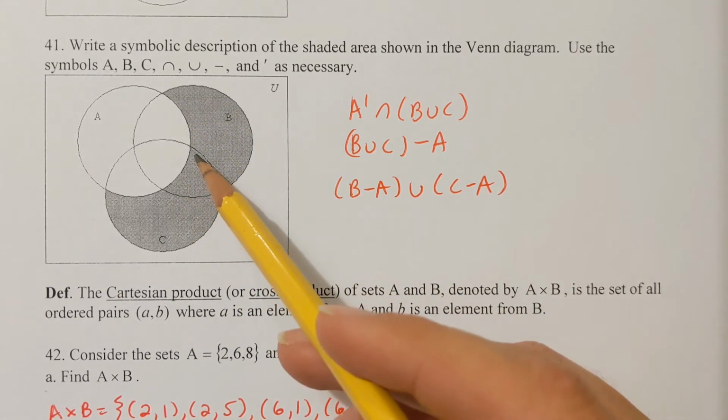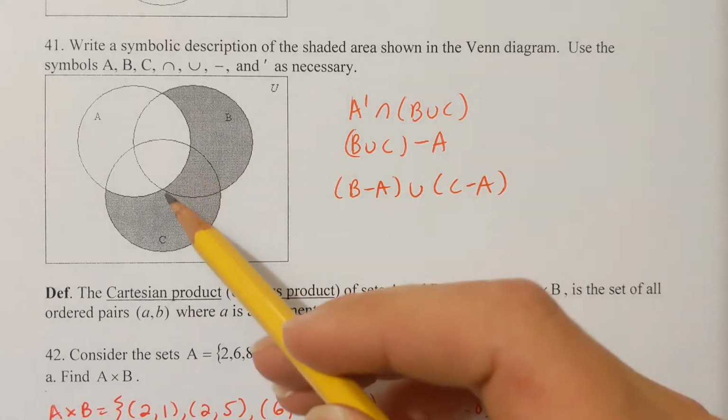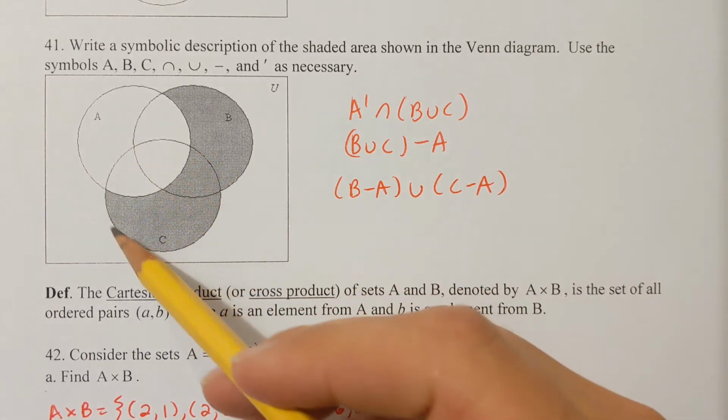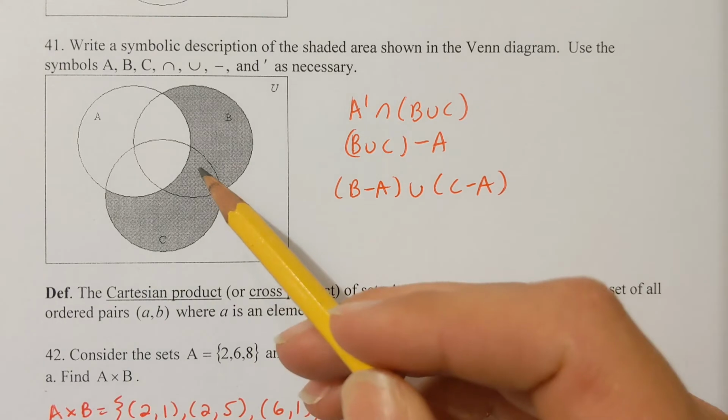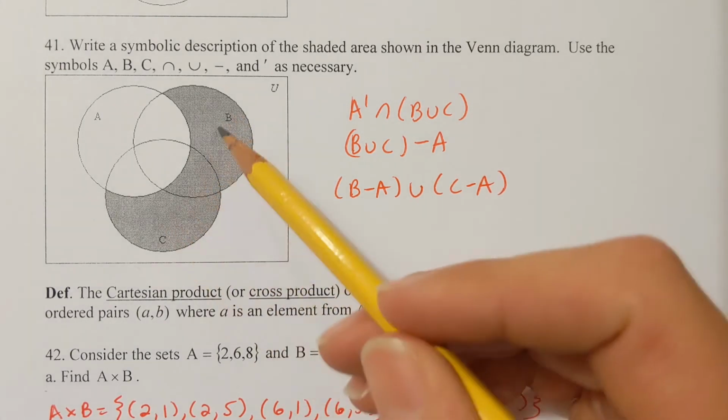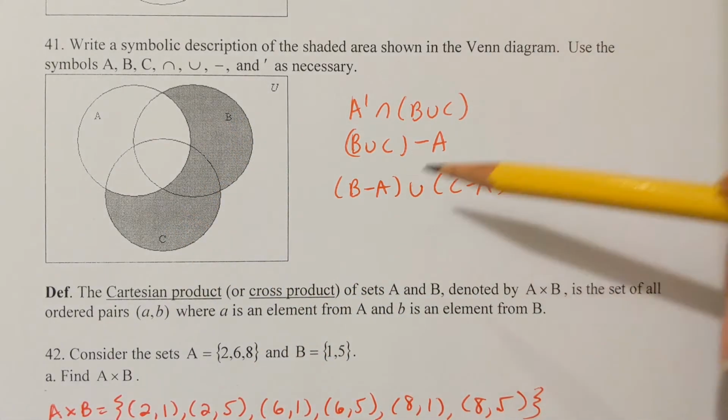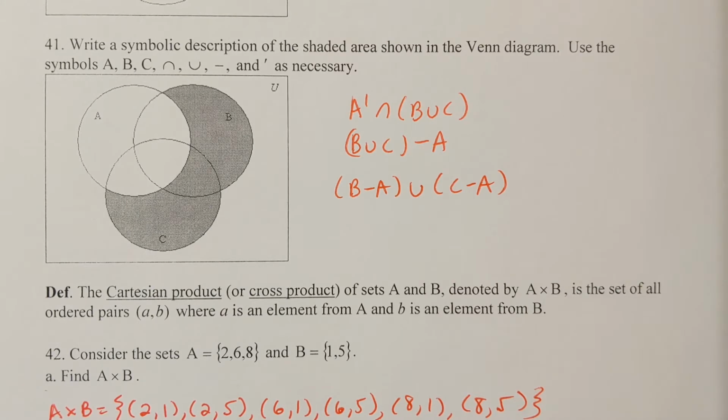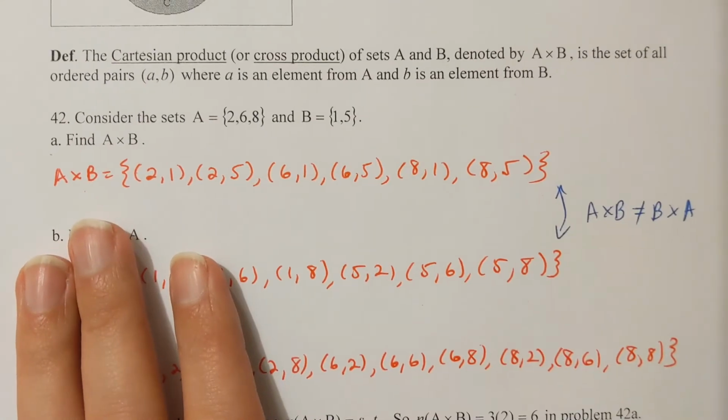Union means I'm going to add in more to what I've already got. C minus A. Okay, so C minus A would be this region here. Union means I'm combining those two as one. Okay, so any one of these three results is a solution to the problem there.